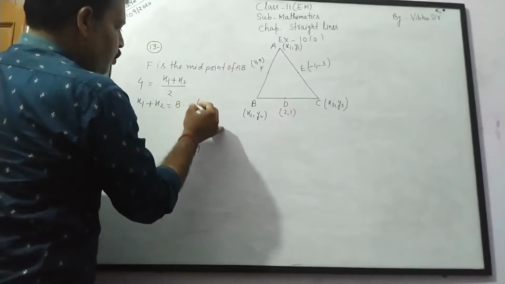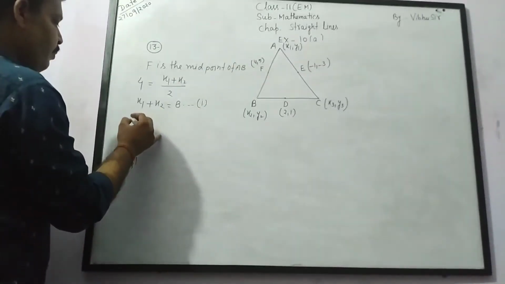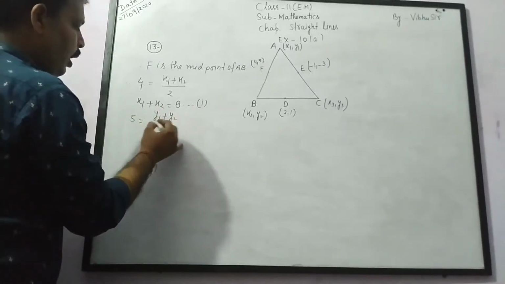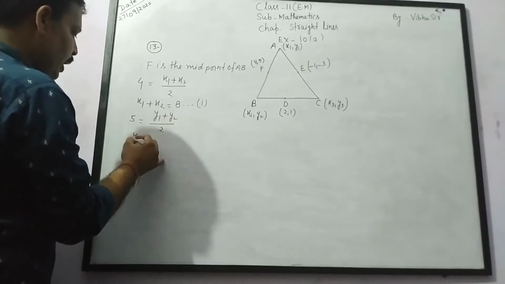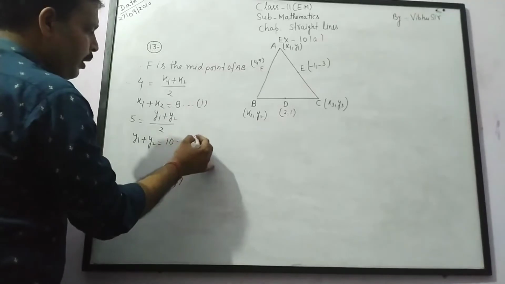Equation number 1. The y coordinate of the midpoint is 5, using the formula (y1 plus y2) upon 2, therefore y1 plus y2 equals 10. Equation number 2.